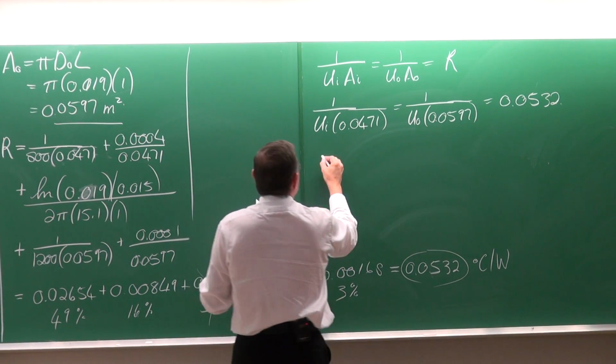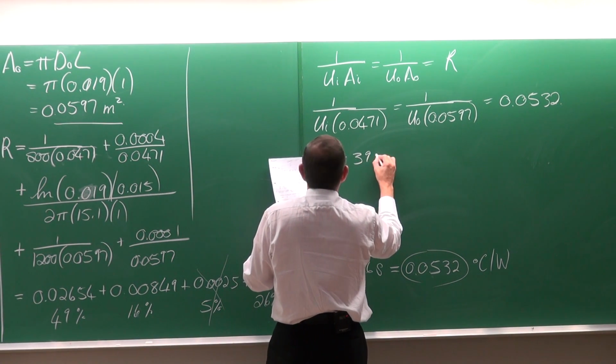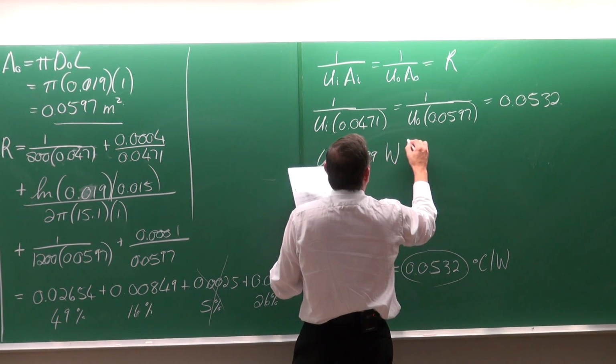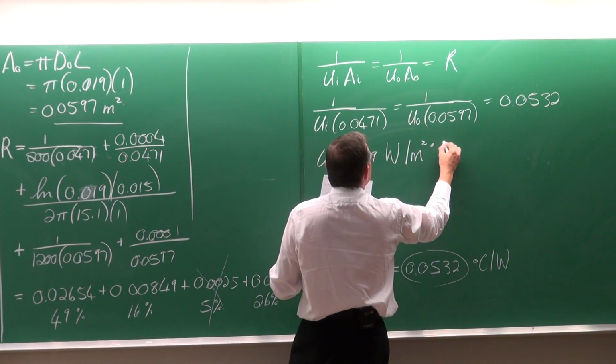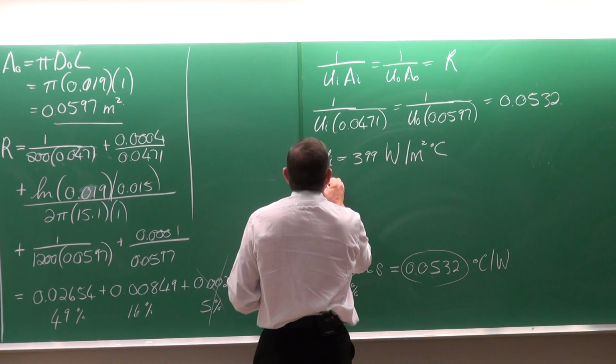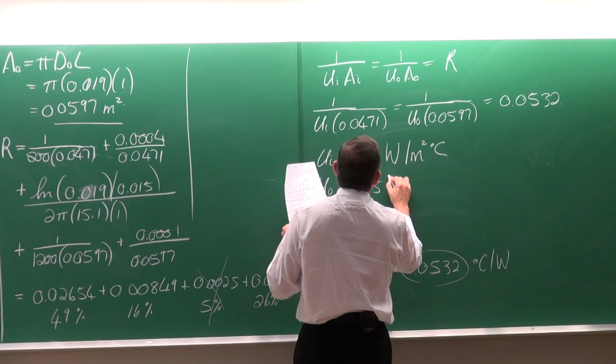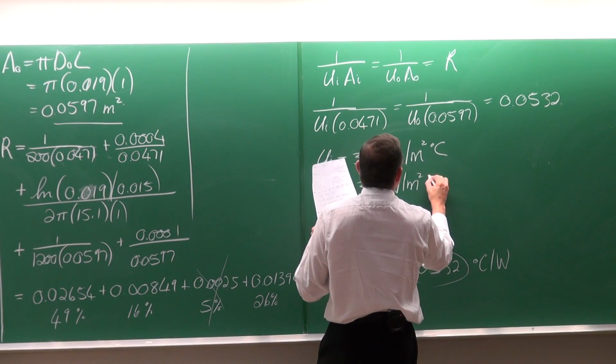Okay. And that gives us an overall heat transfer coefficient based on the inside area of 399 watts per square meter degrees Celsius. And the heat transfer coefficient based on the outside area is equal to 315 watts per square meter degrees Celsius.